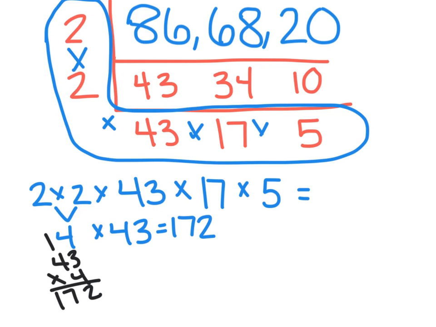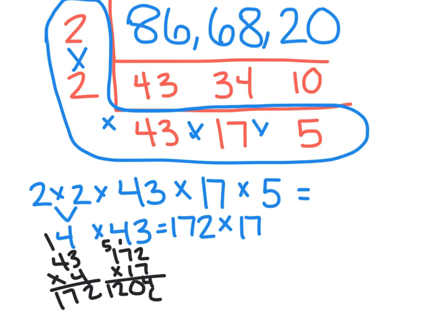So now we have 172 times 17. Seven times 2 is 14. 7 times 7 is 49, plus 1 is 50. Put down the 0, carry the 5. 7 times 1 is 7, plus 5 would be 12.